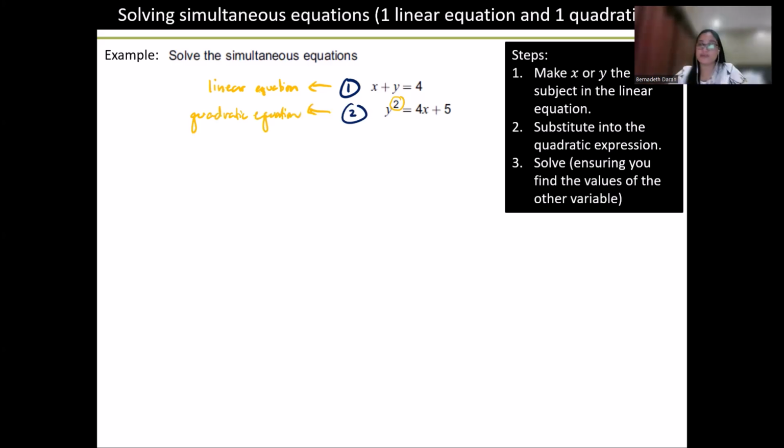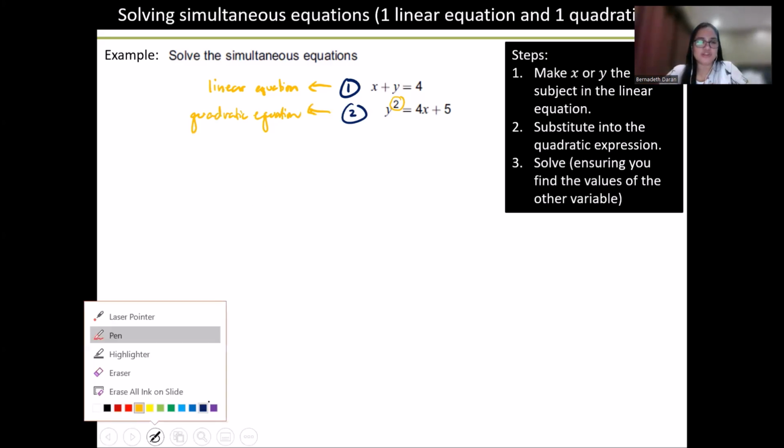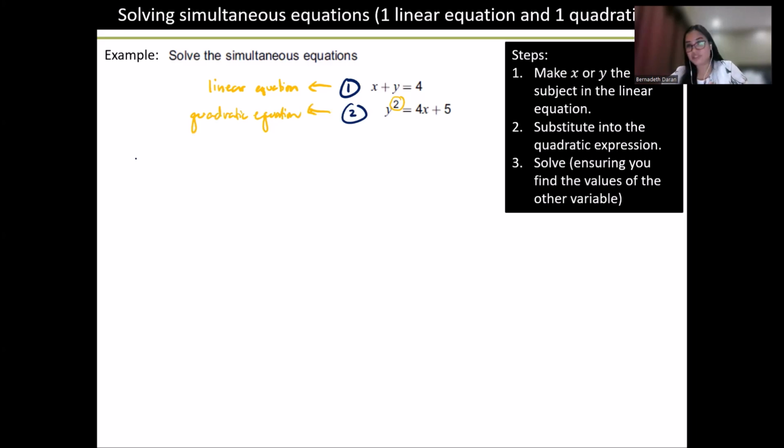Okay, so if you have this one, it would be much faster or much easier to solve this using substitution. So from equation 1, you will now decide if you will isolate x or if you will isolate y. Let's try to isolate y.